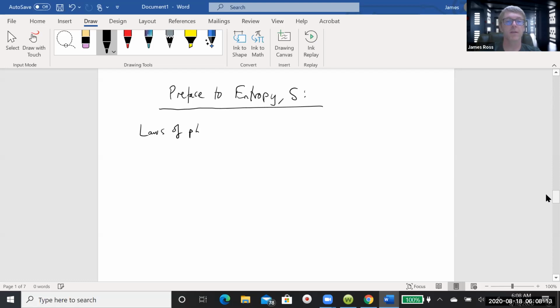Laws of physics don't have a preferred direction, period. And it's easy to see this for small samples.